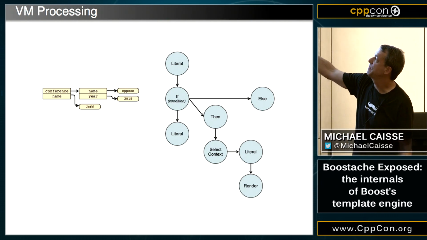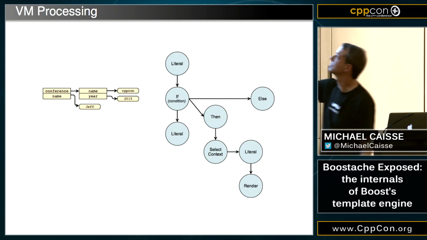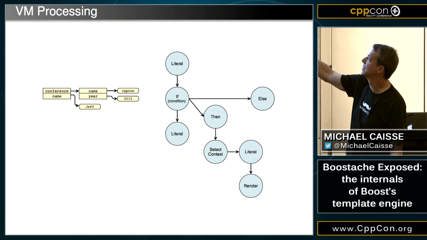So let's say I have a data structure that looks like this. It has a conference, and conference has a name. It has a conference data type, and within the conference, inside there, it has a name, and the name is Jeff.